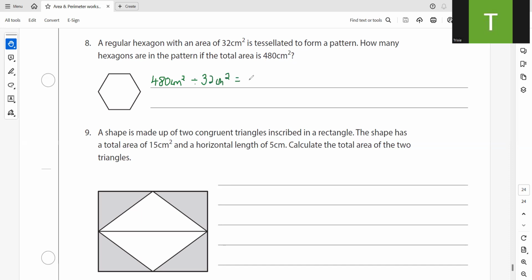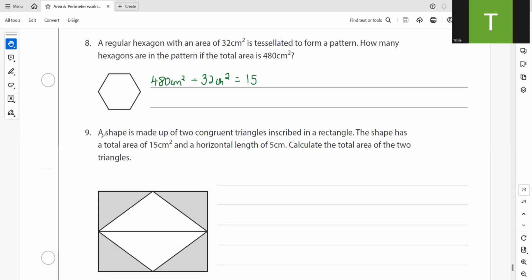And then you'll get 15. So that means there are 15 regular hexagons with the area of 32 cm square used to tessellate it to form a pattern, and the pattern total area is 480 cm square.